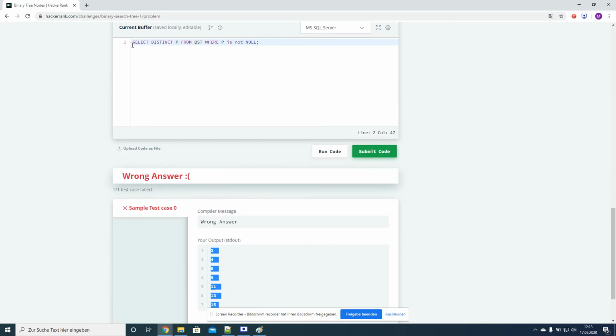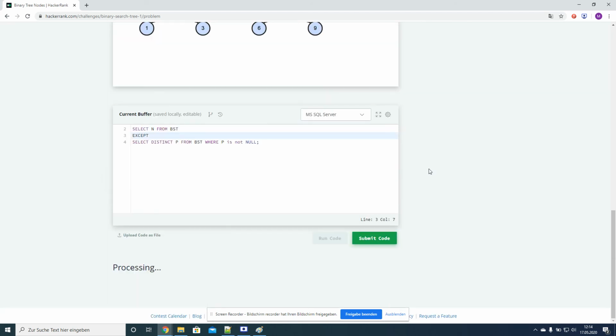So then we can make an except list. I think that would be good. Select n from BST and do it except. And then we select this one. So now, I think now we can exclude everyone that is not a parent.